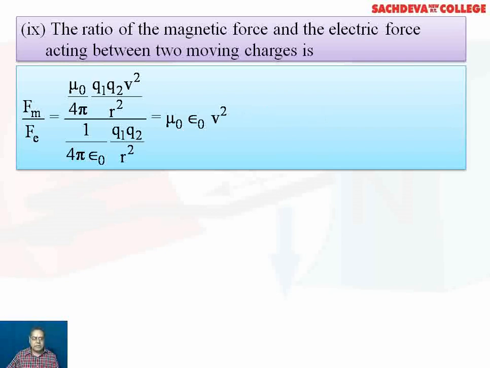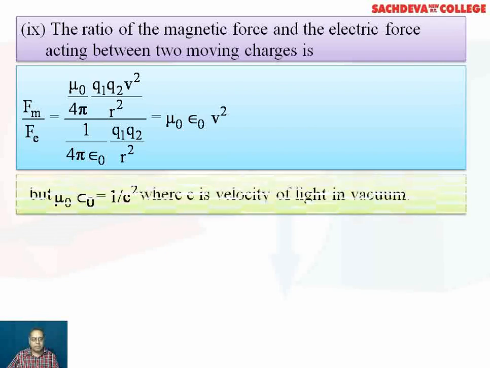You will remember that mu naught for air, medium or vacuum is 4 pi into 10 to the power minus 7 Henry per meter or Weber per ampere meter, and epsilon naught is 8.854 into 10 to the power minus 12 Coulomb square per Newton meter square.